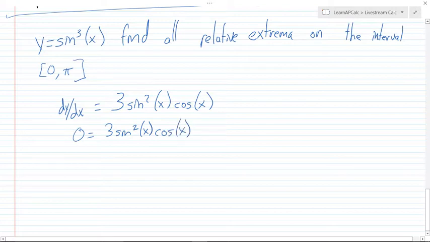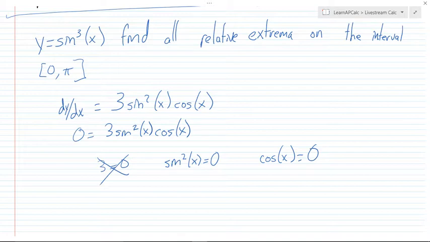If any one of these factors equals 0, my derivative is going to equal 0. So just split it up by the factors, and this is what you do in factoring. 3 equals 0, that's extraneous. Sine squared x equals 0. Cosine x equals 0.